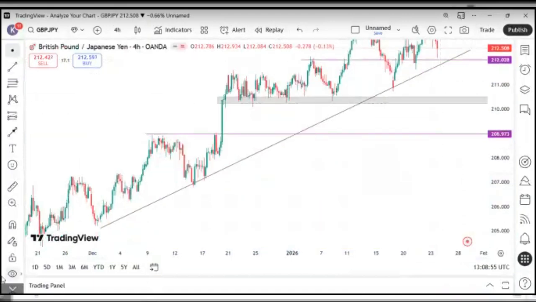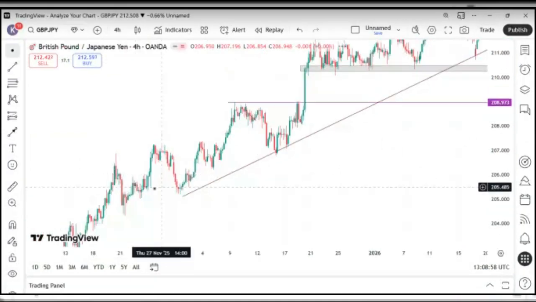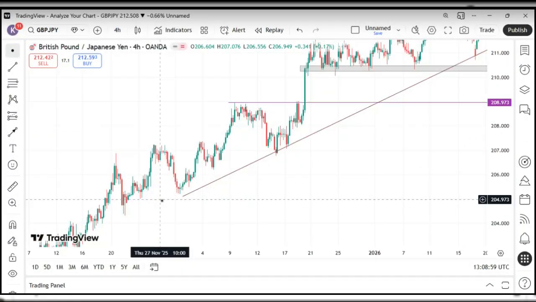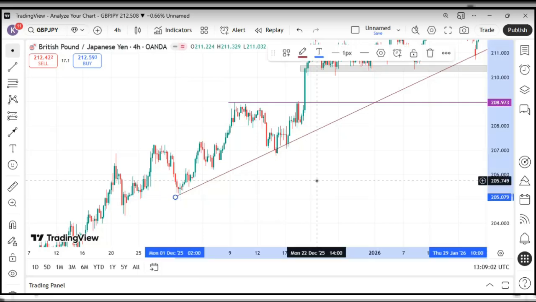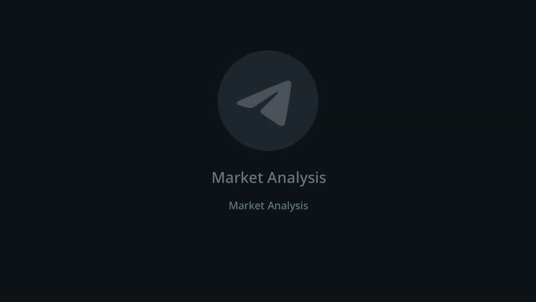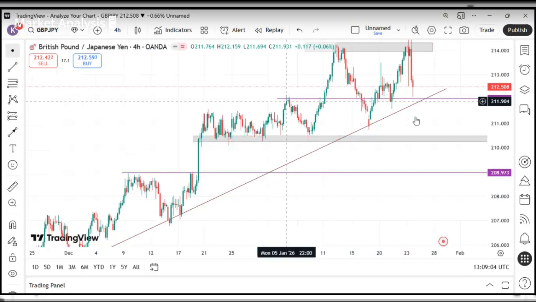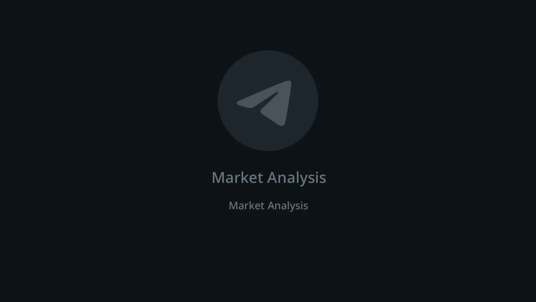So this is it. We can have our trend line here, a clean trend line. So the market is at a support level.